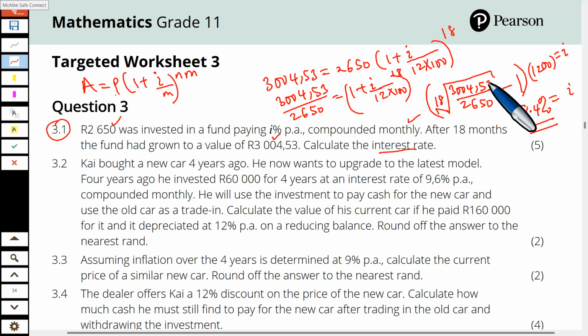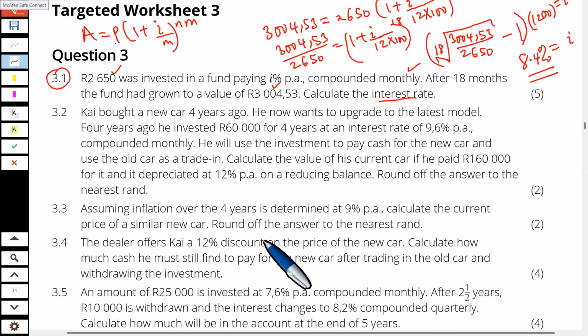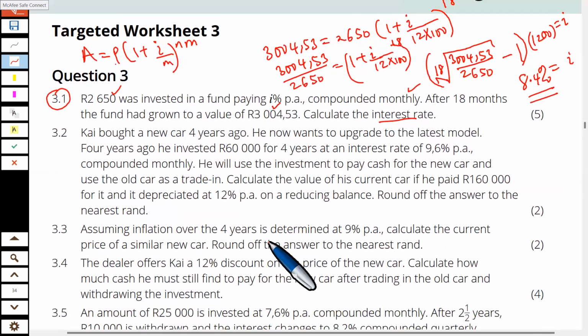Okay, next question. The next one is Kai. Kai is a long story, but let me give you 2 minutes because it's 2 marks. Let's read the question to make sure it makes sense to both of us. Kai bought a new car 4 years ago.